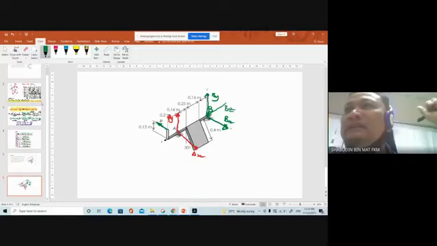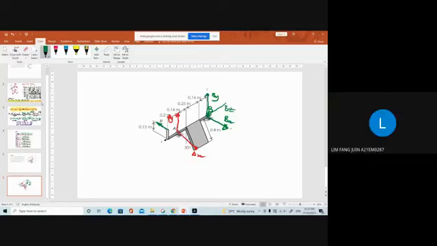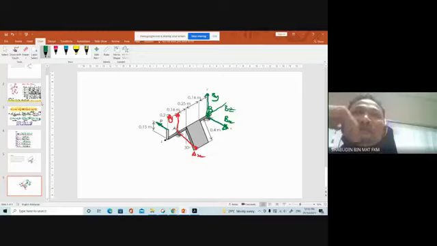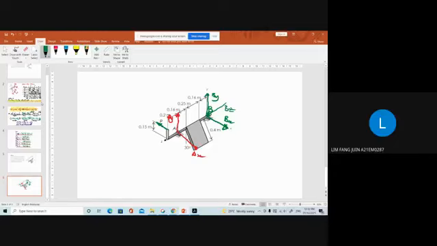What is another force? I'm asking you. Is it the mass? The mass. But where does it work? Where does it work? Tell me. X and Y direction.